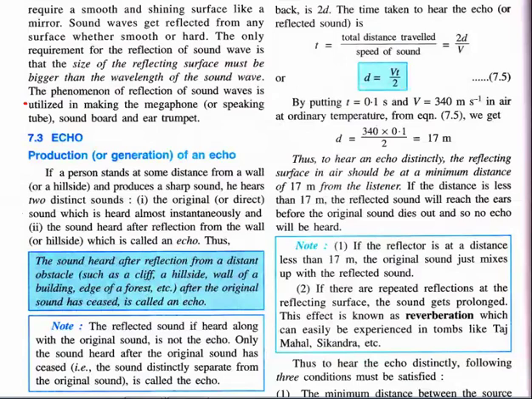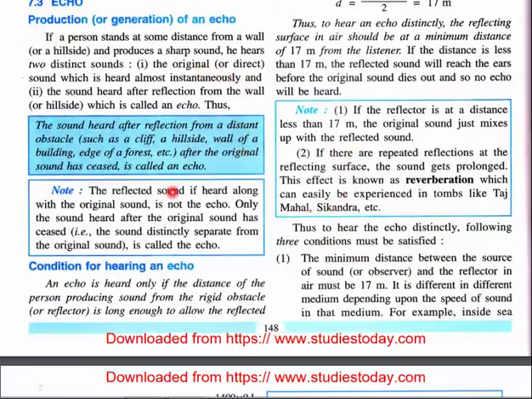Then this is important, the second note. If the reflector is at a distance less than 17 meters, the original sound just mixes up with the reflected sound. Therefore, there is no echo heard clearly.